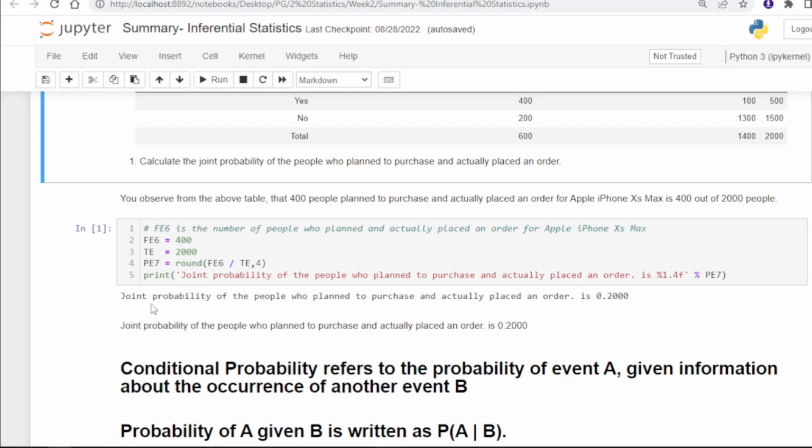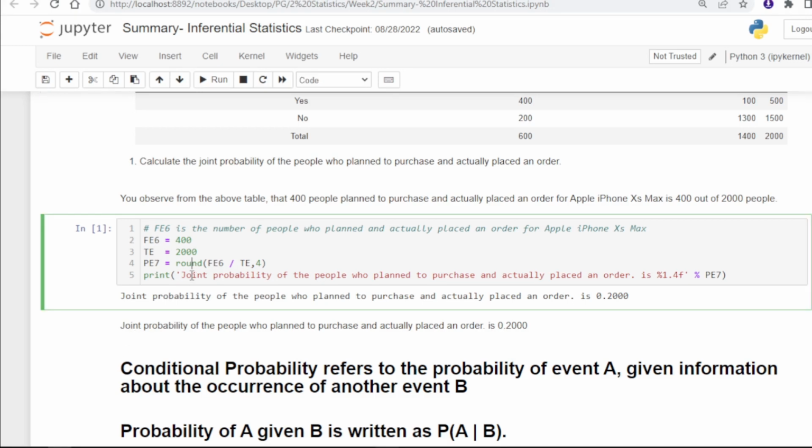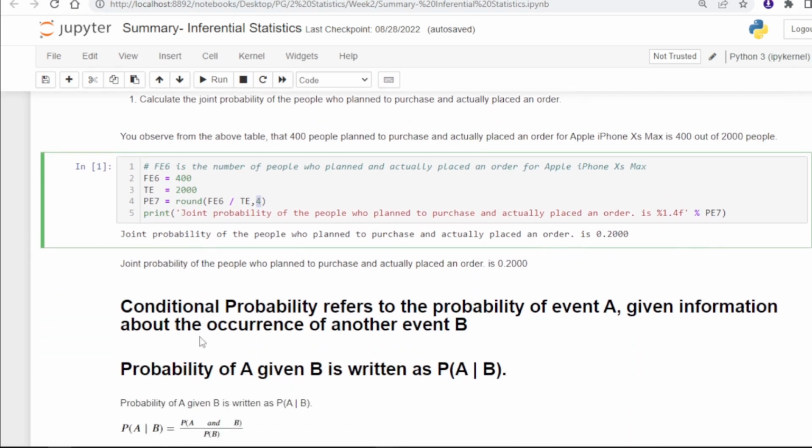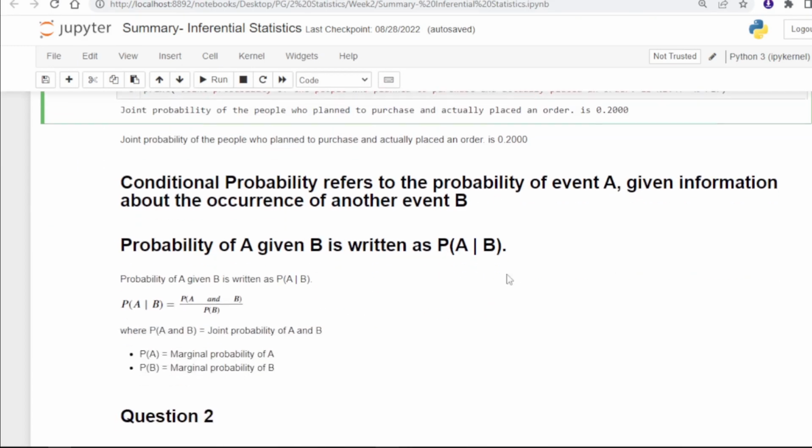Then the total we have is 2000. So to get the joint probability, we will just divide 400 by 2000, rounded up to 4 decimal places. So the joint probability of the people who plan to purchase and actually placed an order is 0.2, or we can say 20%.